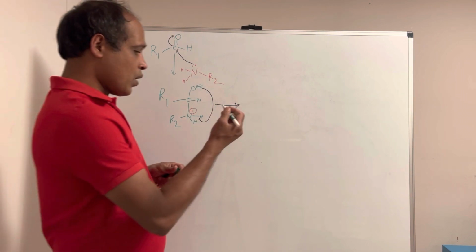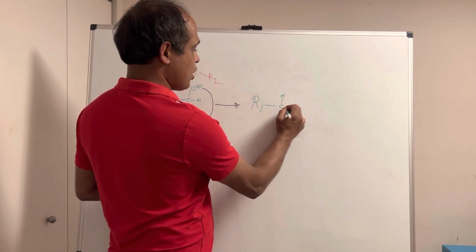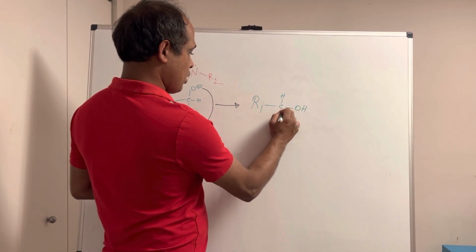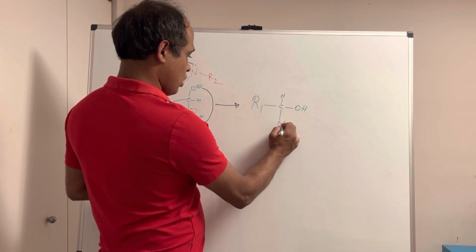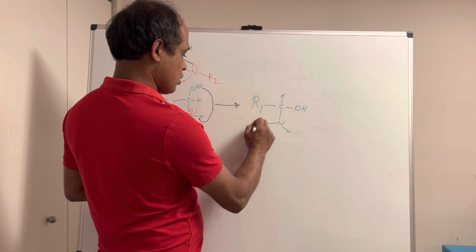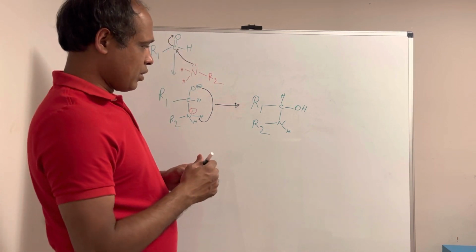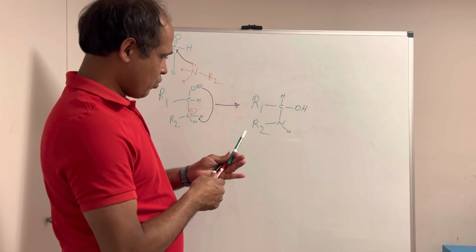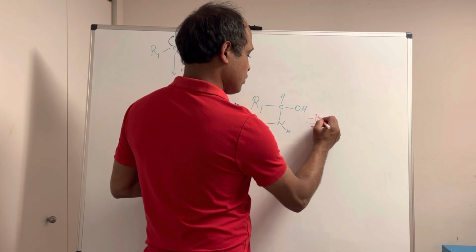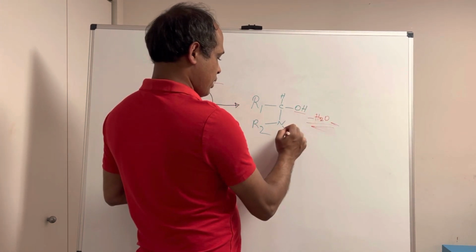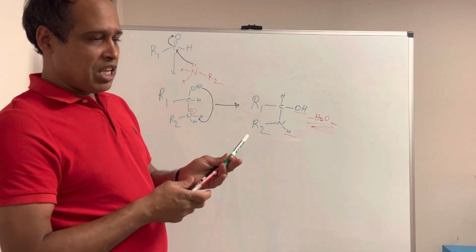And then you can draw R1, C. We can put the hydrogen here and OH here, and since this hydrogen is gone, this nitrogen becomes neutral here, with R2. And after that it will lose a molecule of water, like these and these, and ultimately this carbon-nitrogen will form a double bond that is called an imine bond.